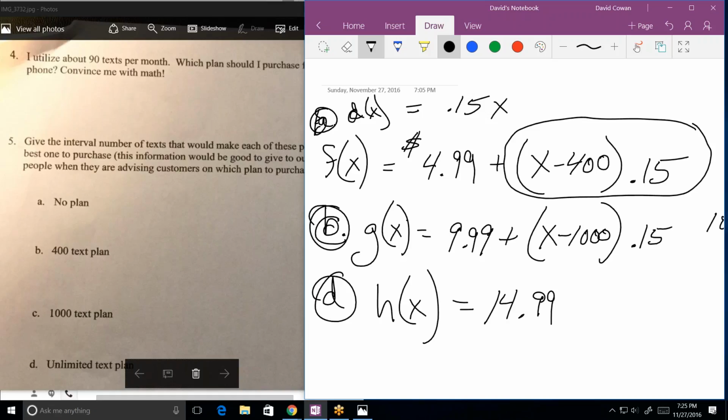How would we do that? I guess we don't do that. We just restrict the domain.